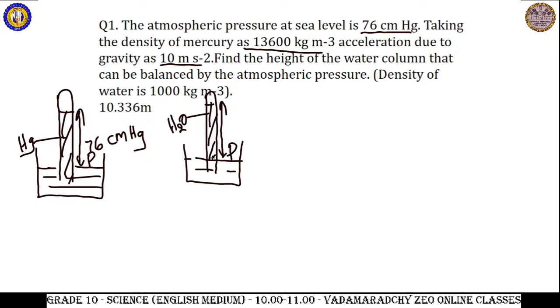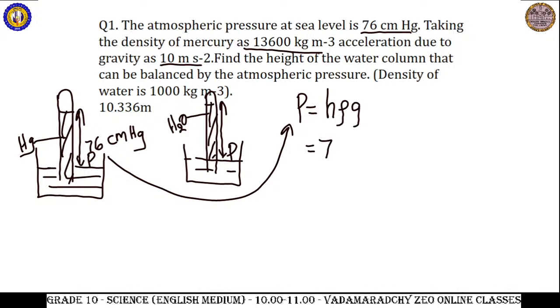So if we write a formula for the first scenario, P is equal to h rho g. h is given as 76 centimeter mercury and rho is given as 13,600, into 10.